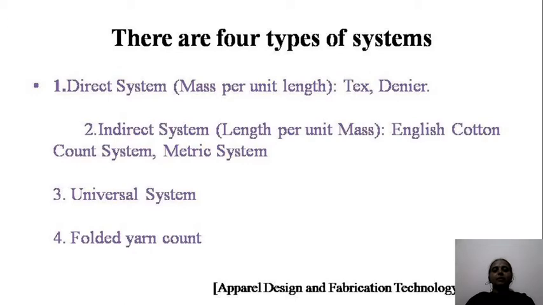There is the direct system, mass per unit length, with two systems, tex and denier. And the indirect system, length per unit mass, where the English cotton system and the metric system are there. Along with the universal system and folded yarn count, these four systems are used to find out the yarn count.